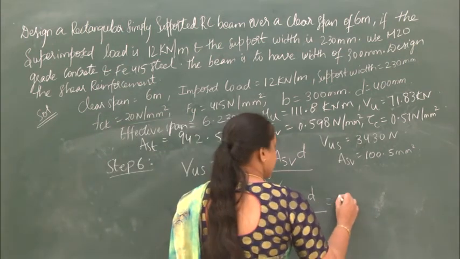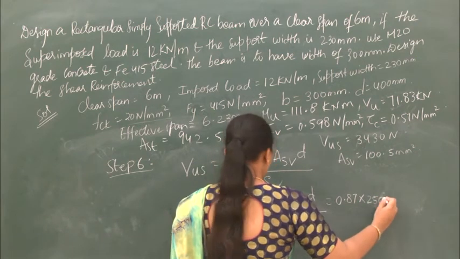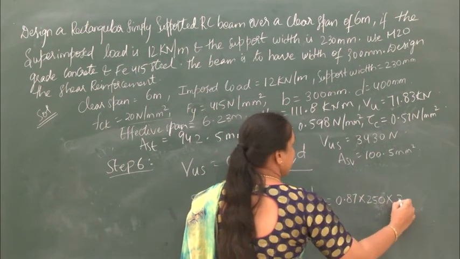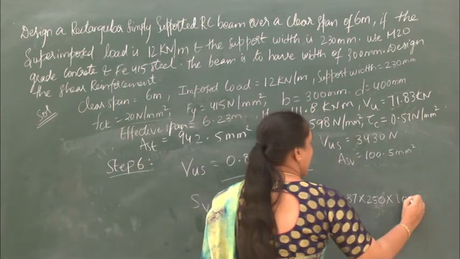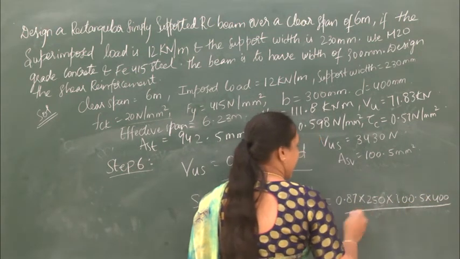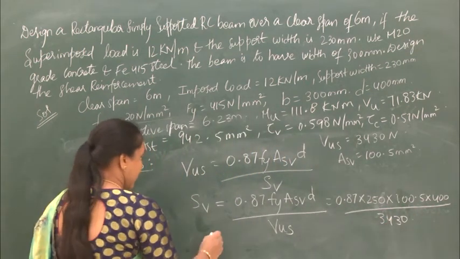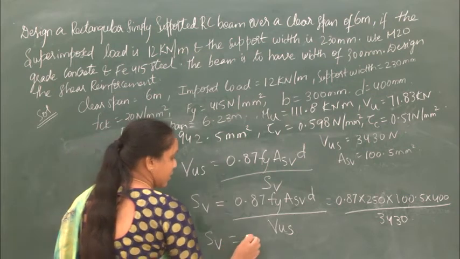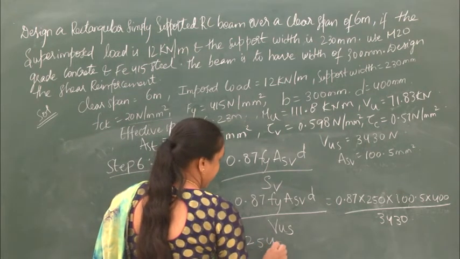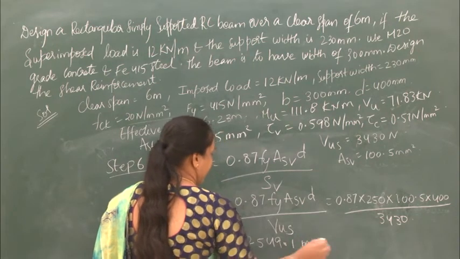So it is 0.87 into 250 into Asv is how much? 100.5 into 400 divided by 3430. So from this you will get a value of Sv as 2549.1 mm.